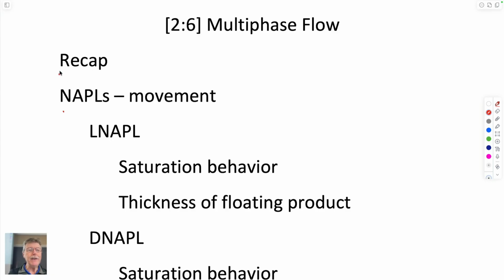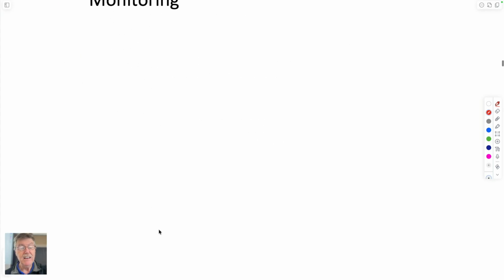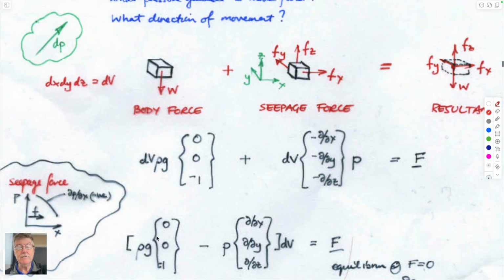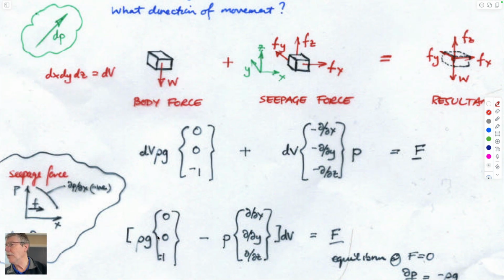Anyway. All right, that was our recap. So we'll talk today about both NAPLs, in terms of LNAPLs and DNAPLs and their different behaviors. The gradients of pressure that you can apply to try and move these things by dragging a blob of a DNAPL or an LNAPL by viscous forces on it are so high that you'll never move it.